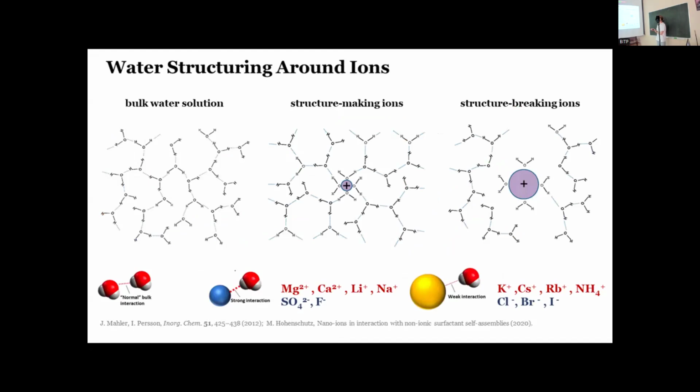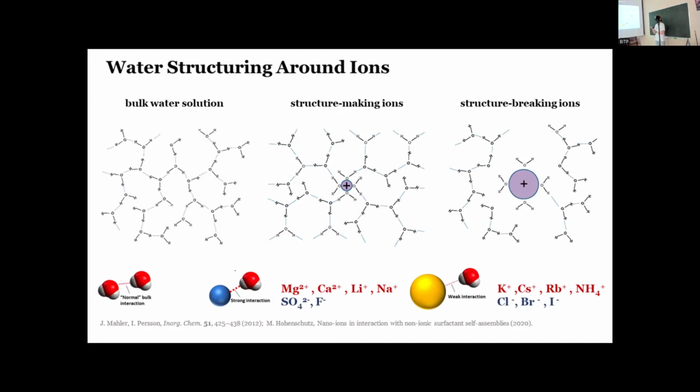Structure-making ions, like magnesium, lithium, sodium, etc., order water molecules around themselves, and they have relatively stable hydration shells. And because dehydration is an energetically unfavorable process, these ions often interact with DNA through the water molecules in their hydration shell.